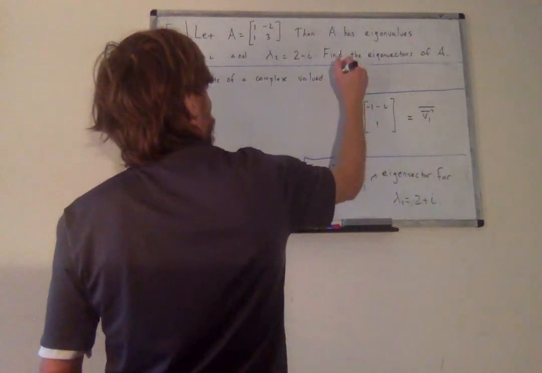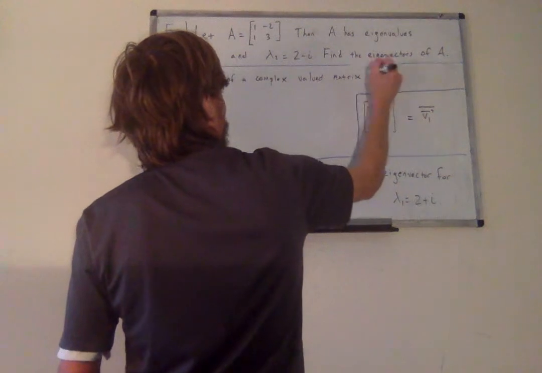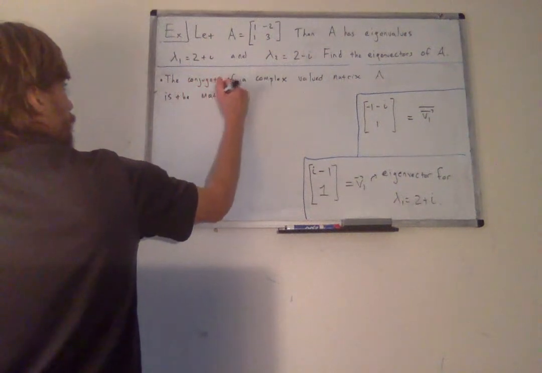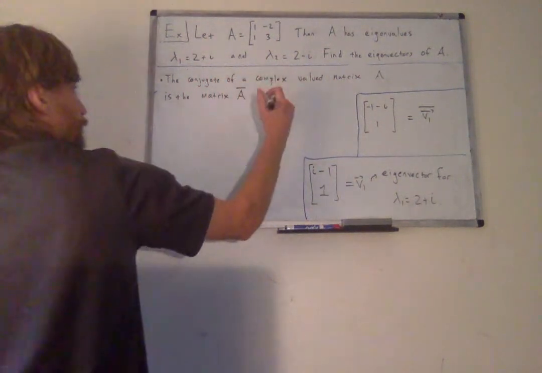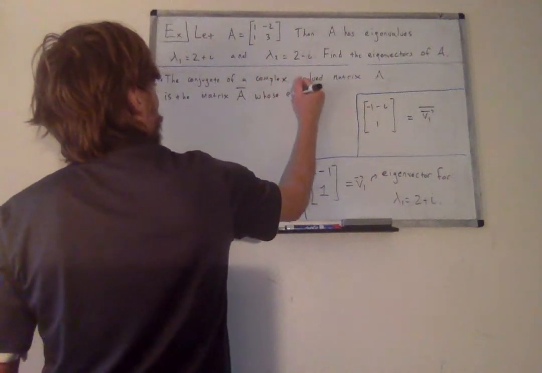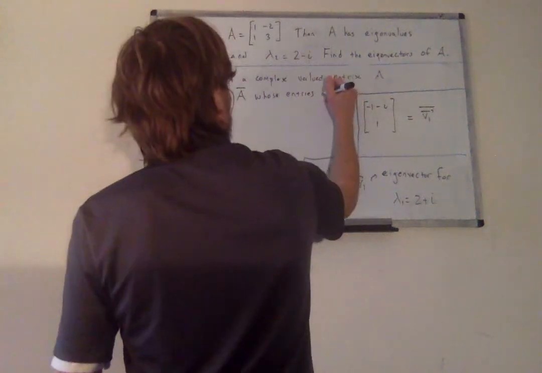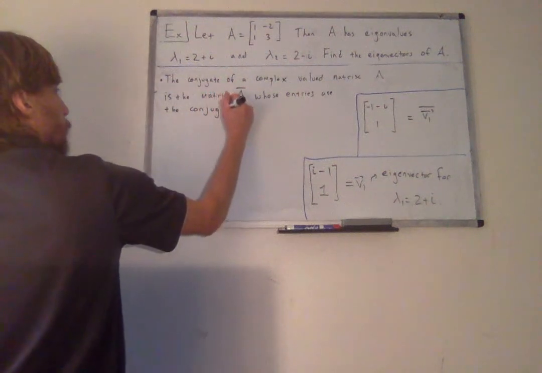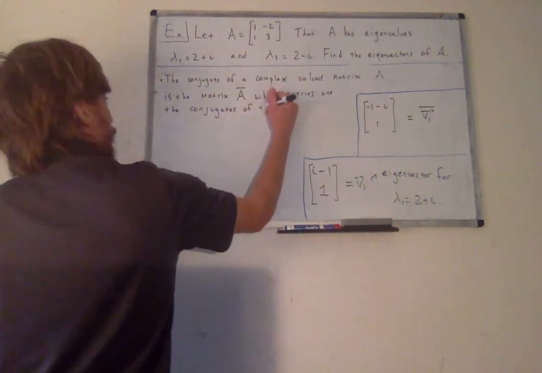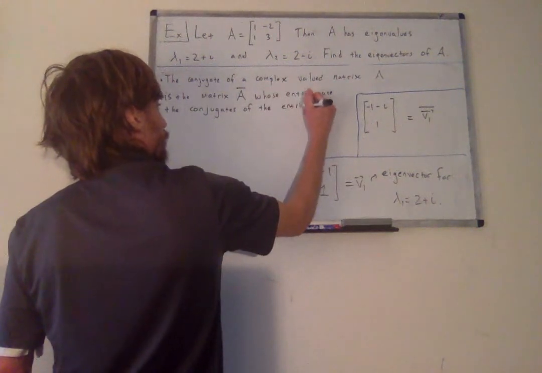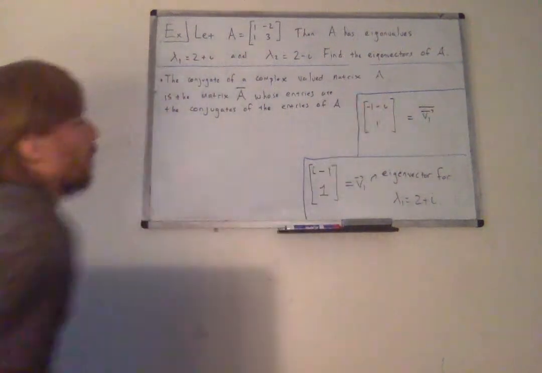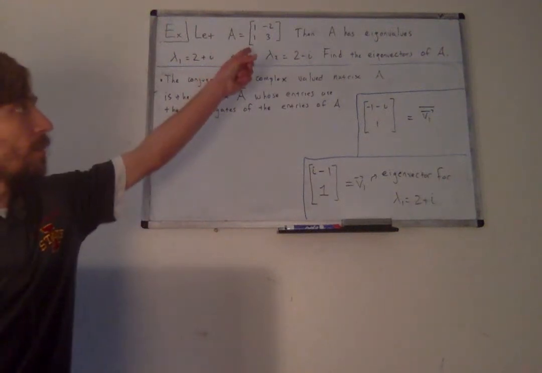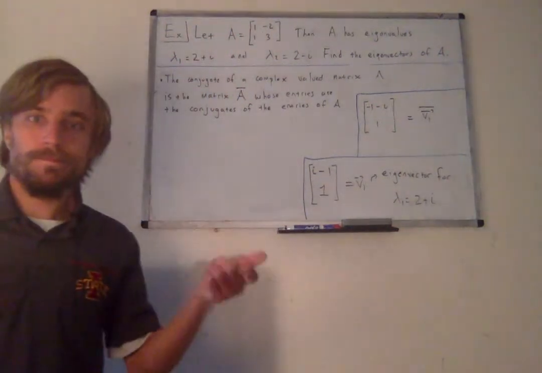It just doesn't make a whole lot of sense if A doesn't have at least one complex number, is the matrix A bar whose entries are the conjugates of the entries of A. So what this means, just take your complex matrix A, take all the conjugates, right?